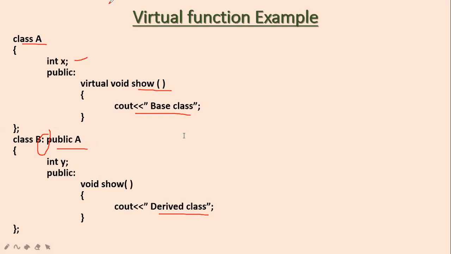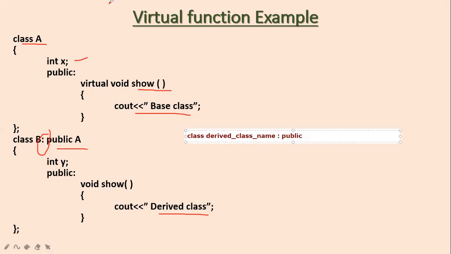The syntax for the derived declaration is the class keyword, then your derived class name, then colon, then visibility mode. It can be public or private, but if you mention private, it goes into the private section, so the better way is to mention public.